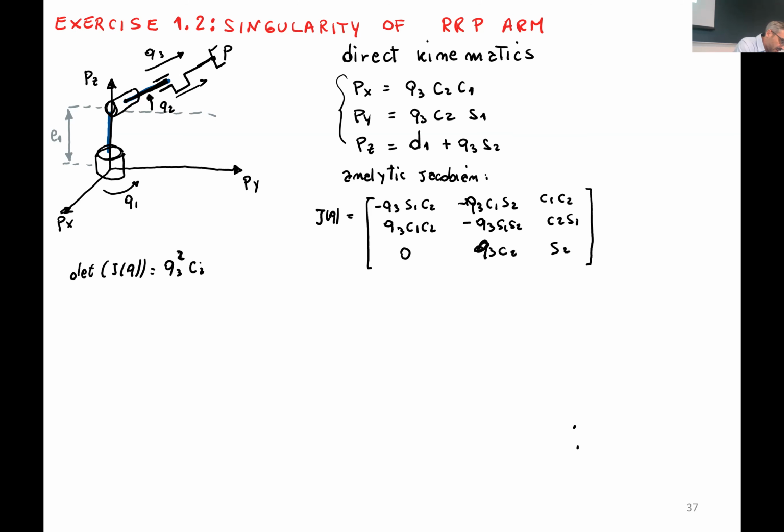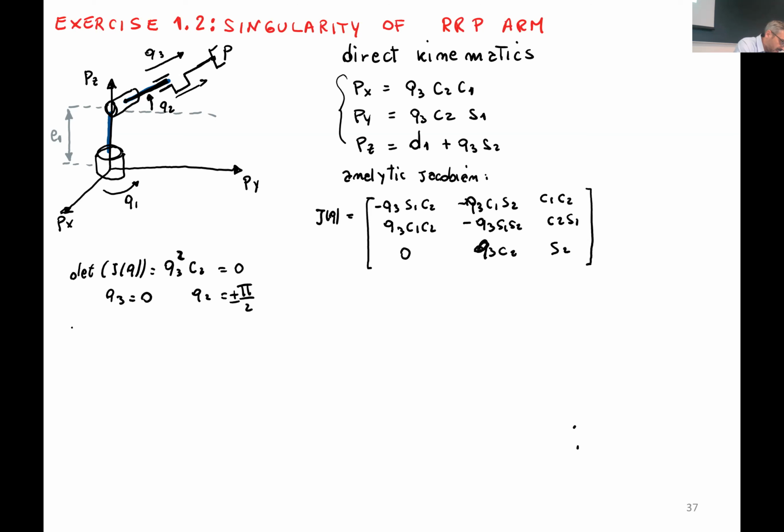We have that this becomes 0 when q3 is 0 or when cosine is 0, so at plus or minus pi half. Okay, good.